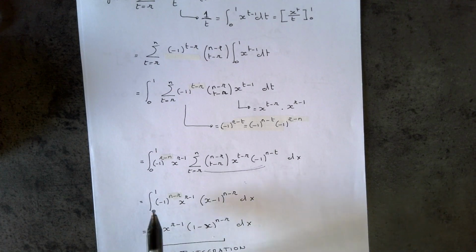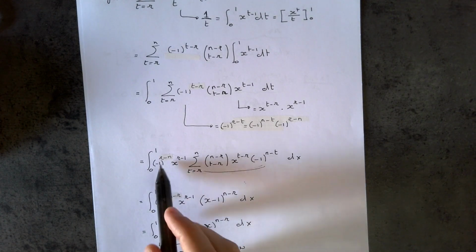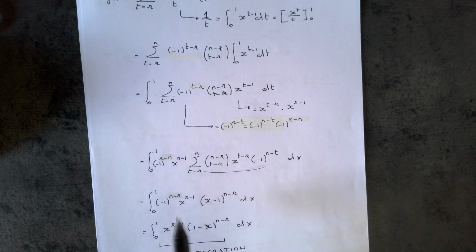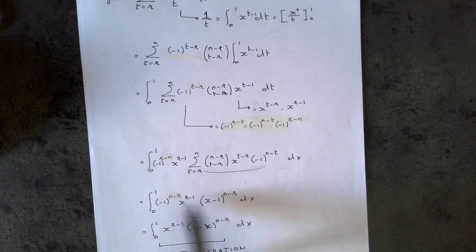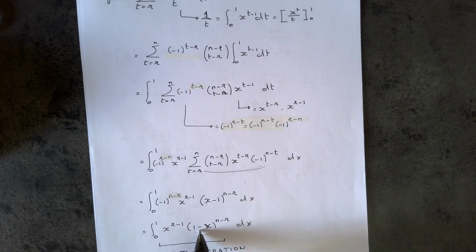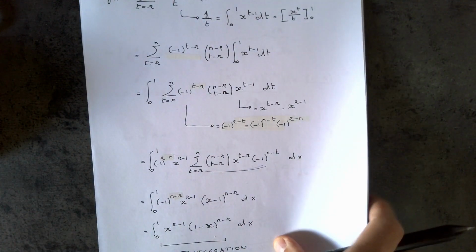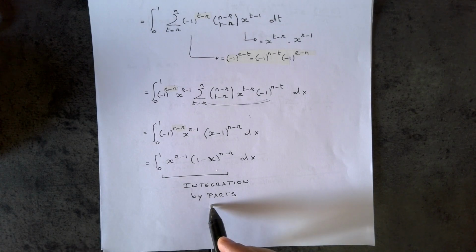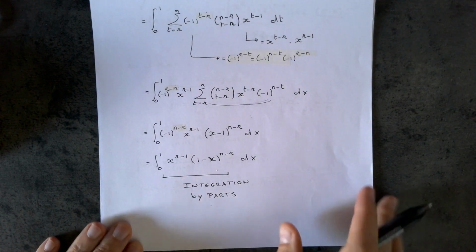So in the end I get this expression, which gets rid of the summation. Then from here to here, notice that I again negated the exponent. Here I have minus 1 to the power n minus r and x minus 1 to the power n minus r, so multiplying these two together just changes x minus 1 to 1 minus x. So I get this. And then I'm going to solve this last equation using integration by parts. After simplifying, we will get the expression for gamma r.